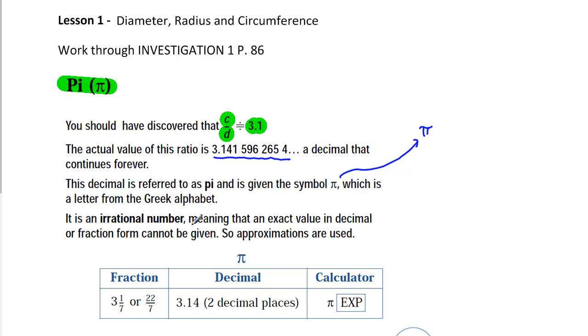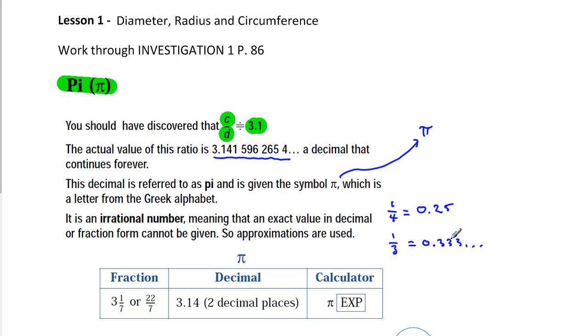And we call it an irrational number. Now, very simply, an irrational number is one that you can't write as a fraction. Now, we all know that if we take a number like 1 over 4, we can write that as 0.25. If we take 1/3, we can write that as 0.333, and that keeps going on and on and on.